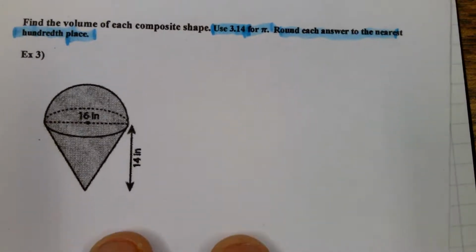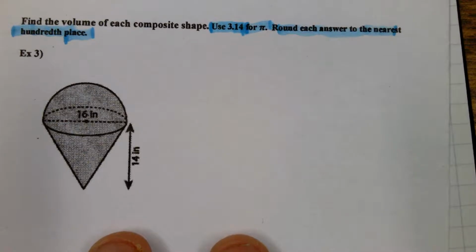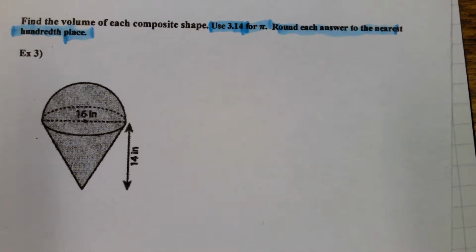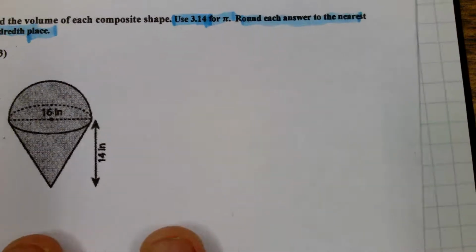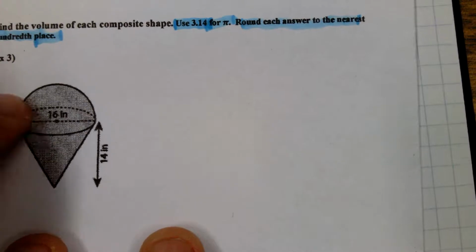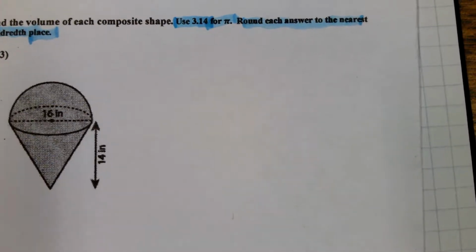This is our first. Looks like a snow cone. And what it is, it's basically a hemisphere and a cone. And since we have those two solids, all we really have to do is figure out the volume of each one individually, then add them together, put them together.